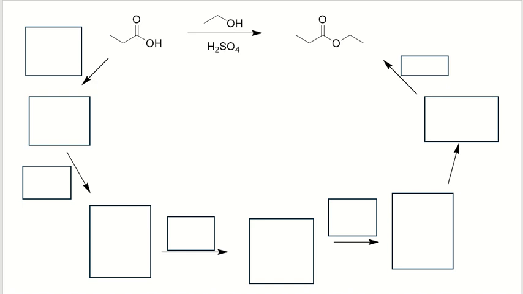We first need to activate the carbonyl by protonating it in these acidic conditions. However, the sulfuric acid isn't going to protonate the carboxylic acid directly. Typically, what we're going to see is the alcohol, our nucleophile, is actually going to get protonated first to become an acid that could then protonate our carbonyl.